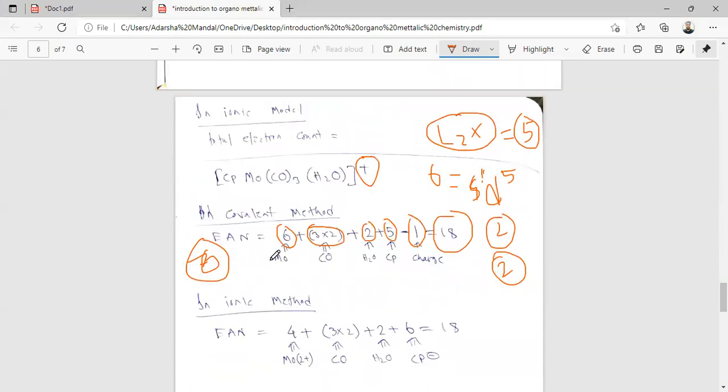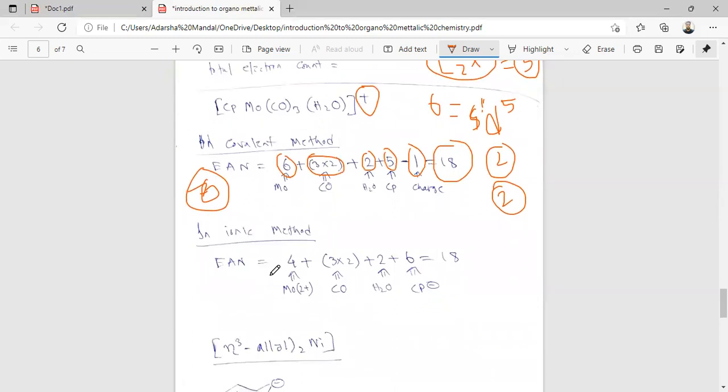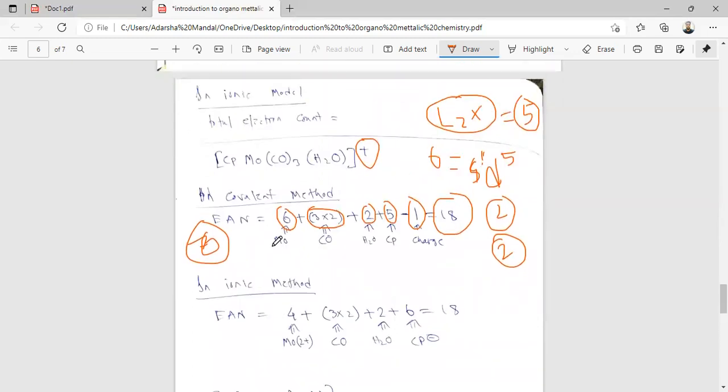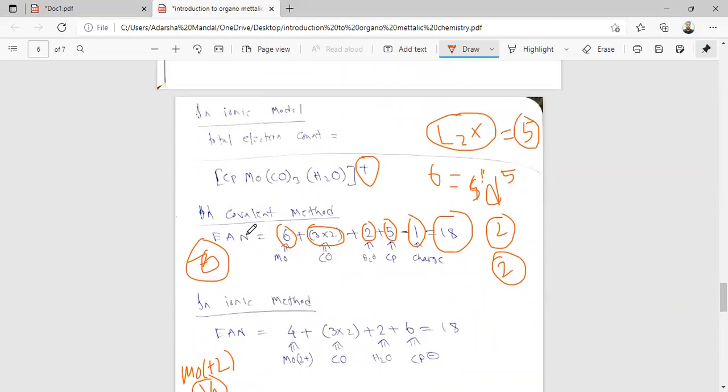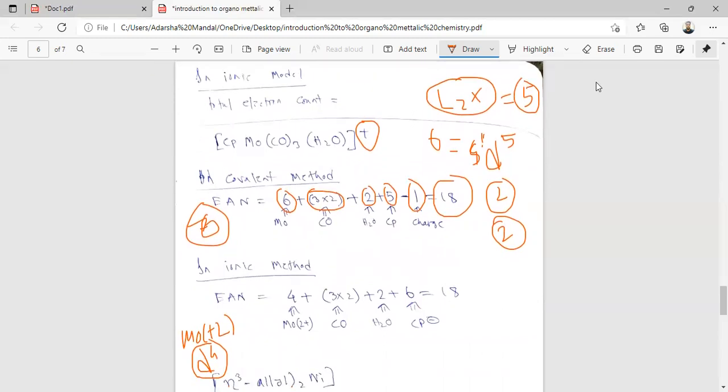So now we will count the electrons in the ionic method. In the ionic method, we first have to identify the oxidation state of the metal. Here molybdenum is in the +2 oxidation state, which means it has a total of 4 electrons in the d orbital, and Cp is an L2X type ligand.